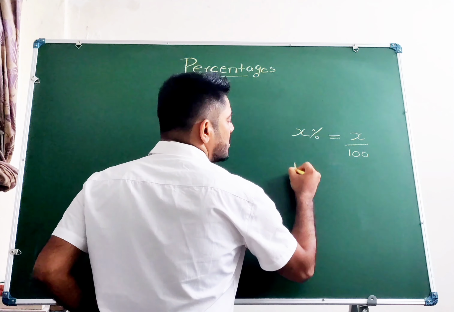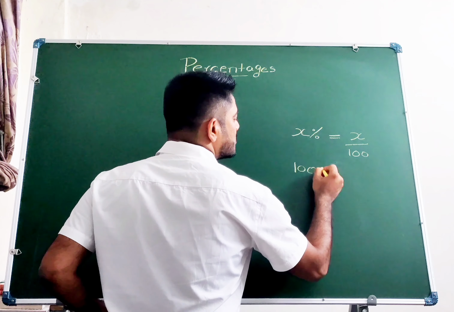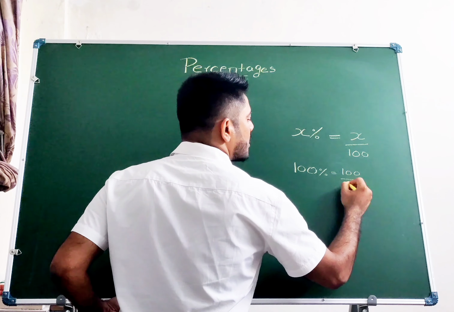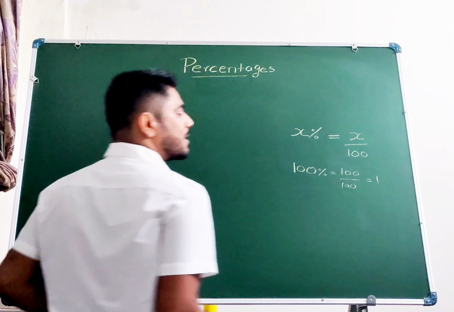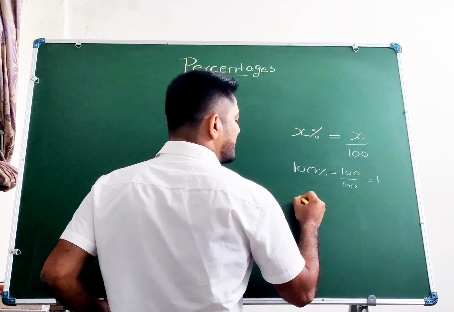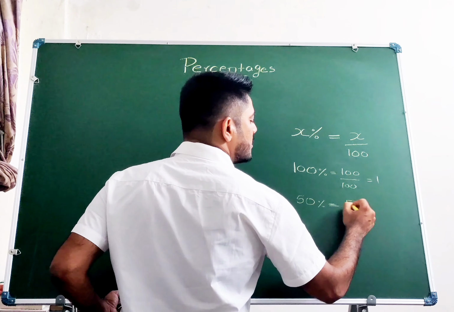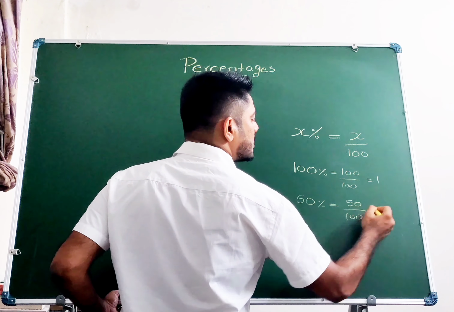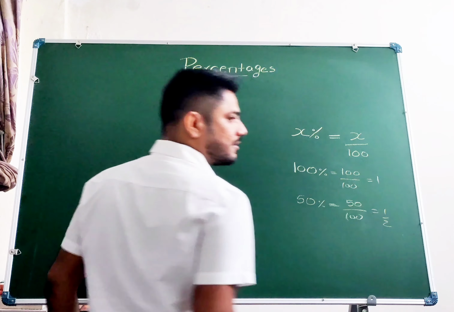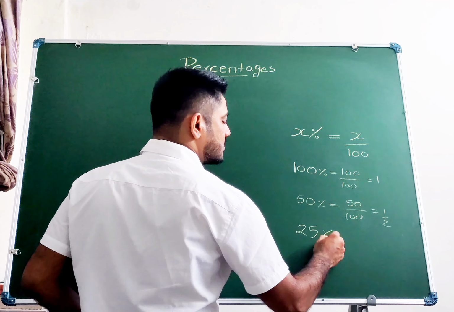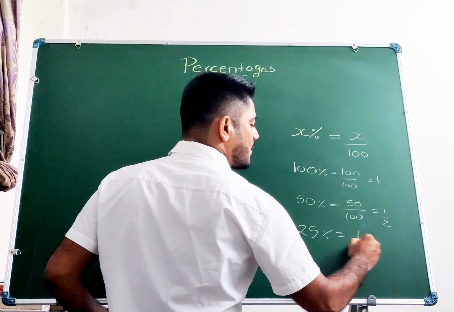Let us start. 100%. 100% in ratio would be 100 by 100, that is 1. 50%. 50% in ratio would be 50 by 100, that is half. 25%, 1 by 4.